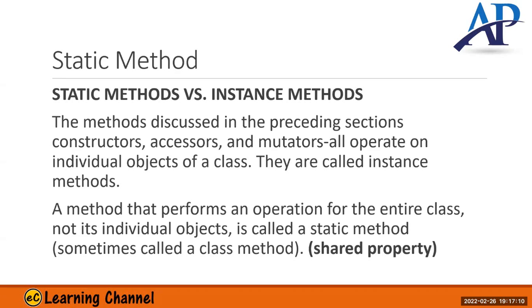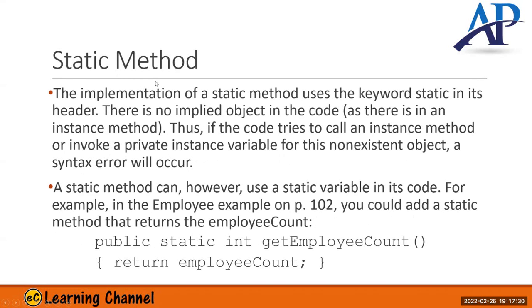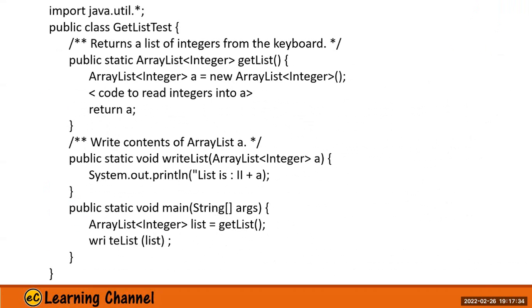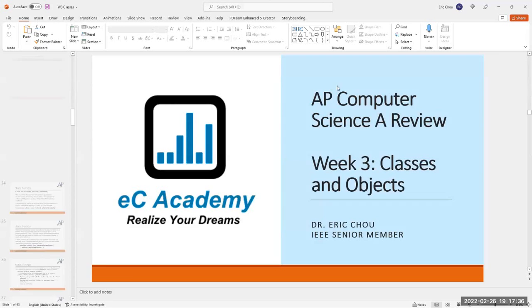If you only deal with a single circle or single bank account, then those kinds of functions we call instance functions. So this is the rule to determine whether it's static or non-static. Static, sometimes we also call it a class method.